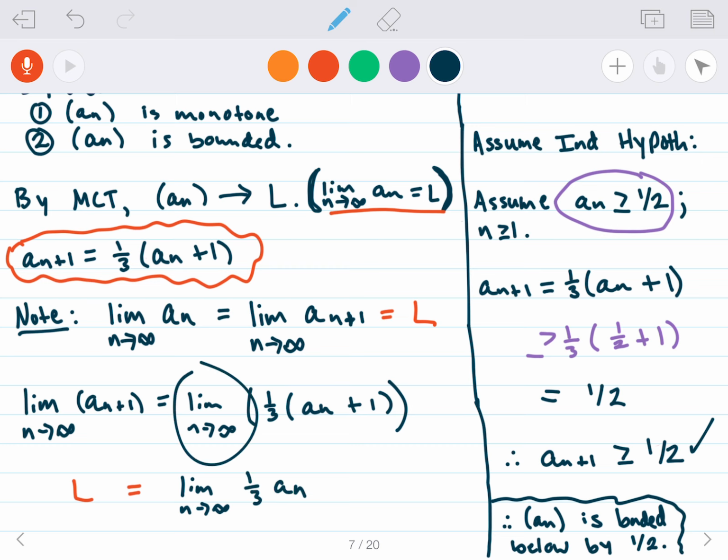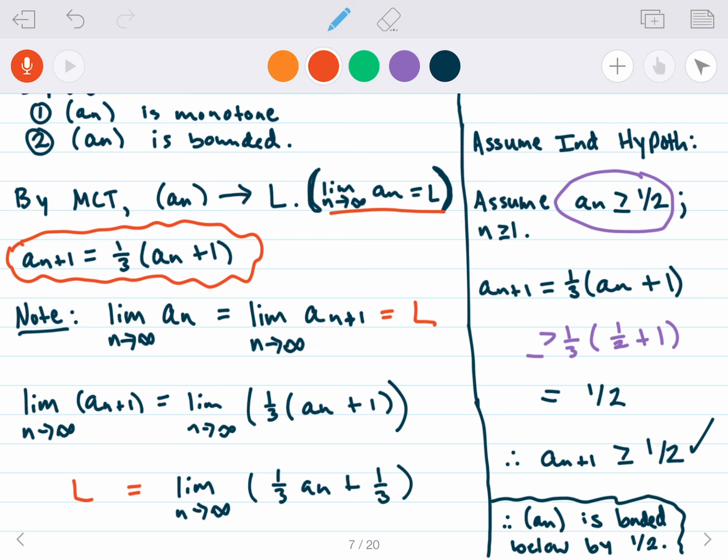Now, let me go ahead and simplify this first. So, the limit as n goes to infinity of a third a sub n plus a third.